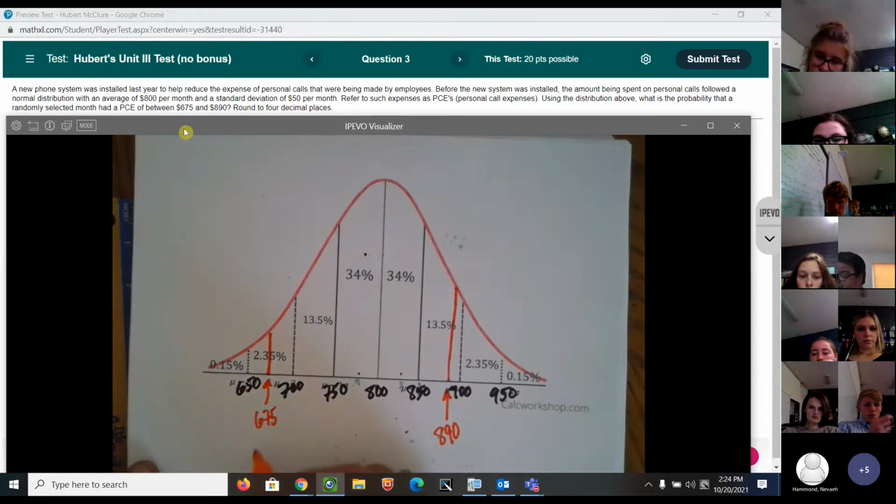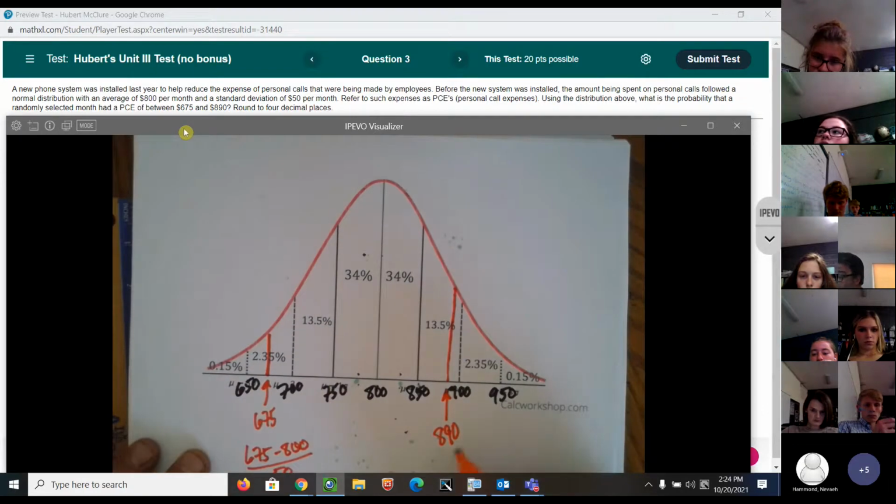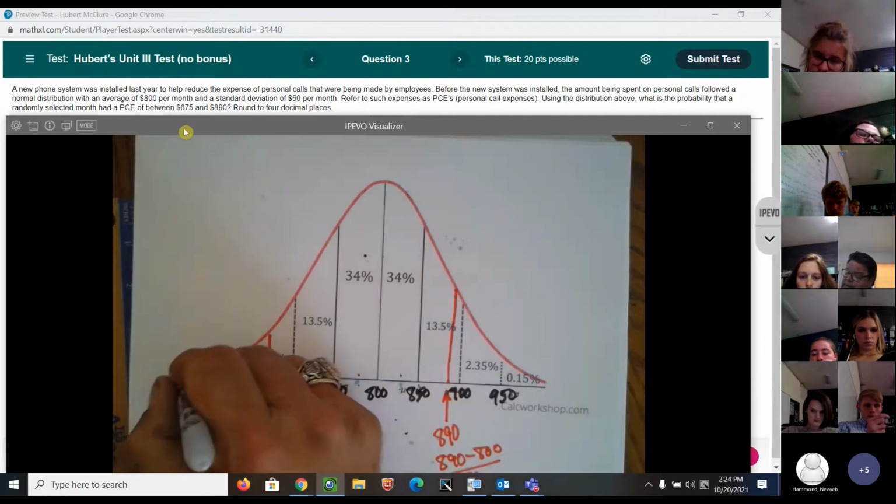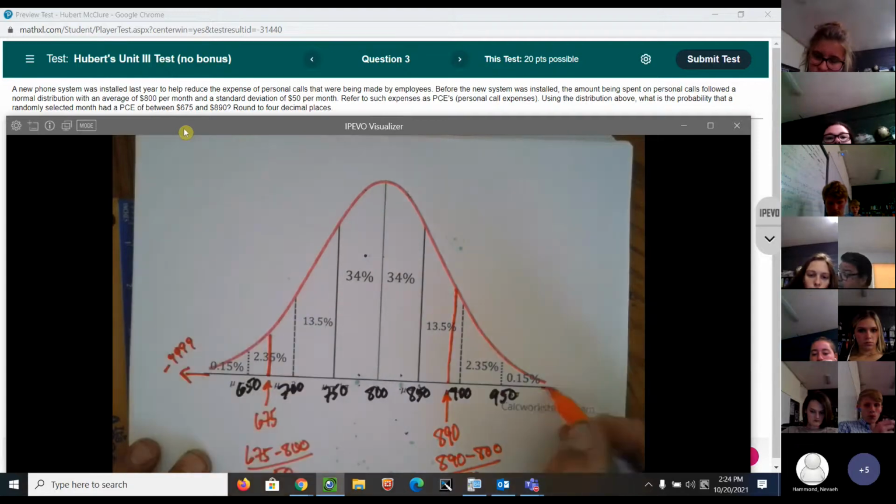So that's going to be 675 minus 800 over 50. And it's going to be 890 minus 800 over 50. This down here is called negative infinity. This up here is called positive infinity, but we really don't need it because we're finding the middle.